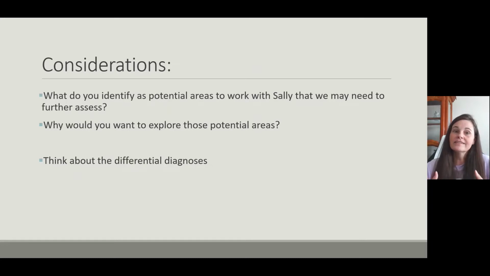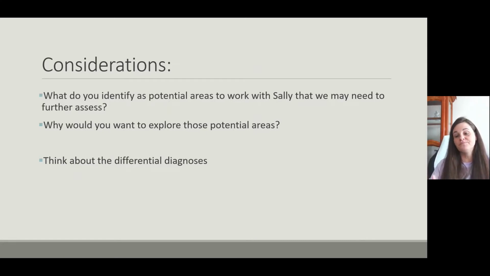Think through that. Pause the recording here if you need to, or go back and take a look at what was happening with her and think about what you would want to work with. Identify those different areas that you may need to get additional information about, what things you may want to do assessments on, and why. What is your reasoning behind that?